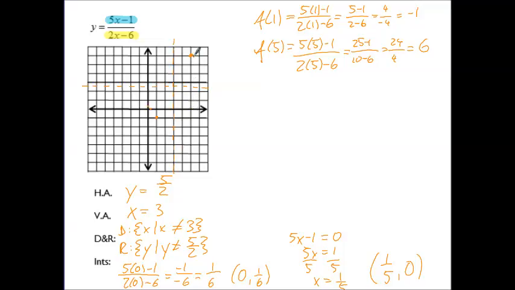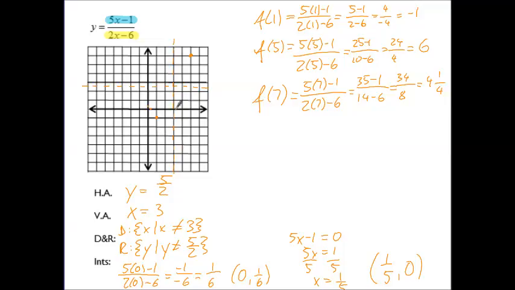And maybe one more. f of 7 is equal to 5 times 7 minus 1 over 2 times 7 minus 6, that is 35 minus 1 over 14 minus 6, 34 over 8, which can be simplified into 4 1/4.